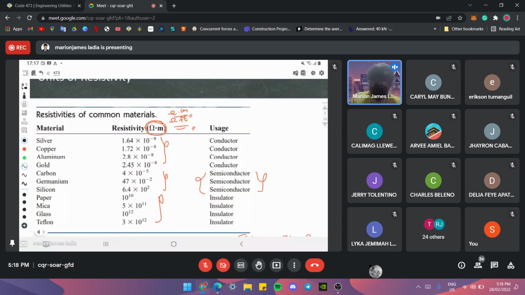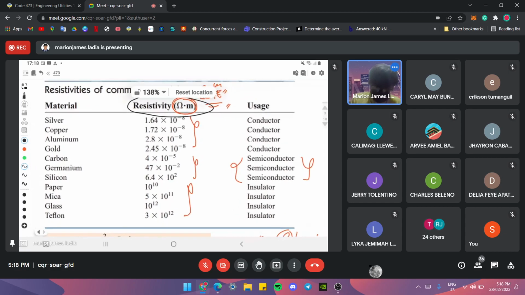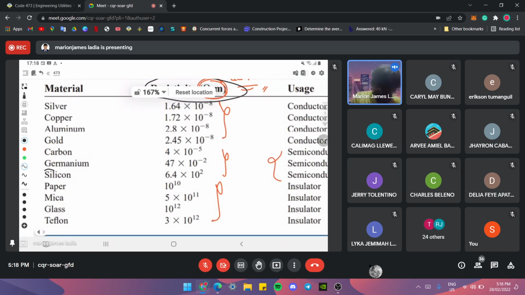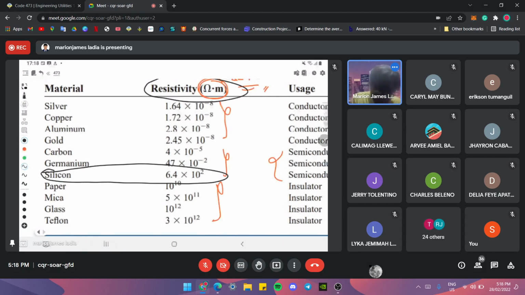So if you use a different table, always check the unit of the resistivity. Because once it is ohm-feet, while you are using meters in SI units, that's it, you lose one point. So from here, I have a value for silicon equal to 6.4 times 10 raised to positive 2.